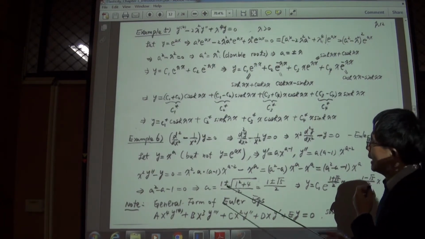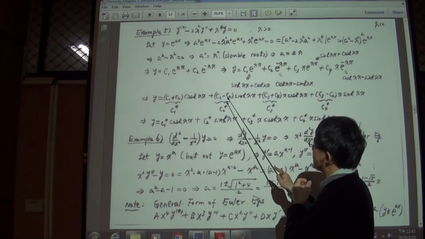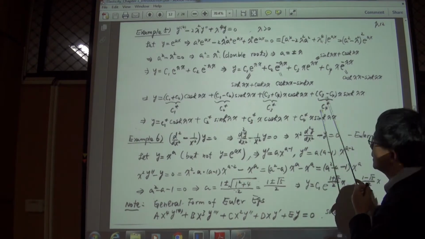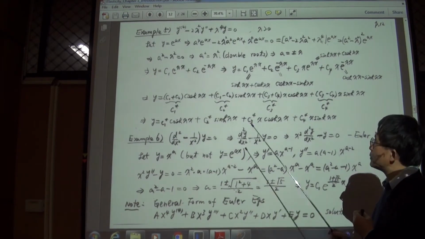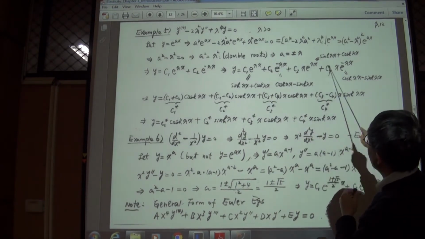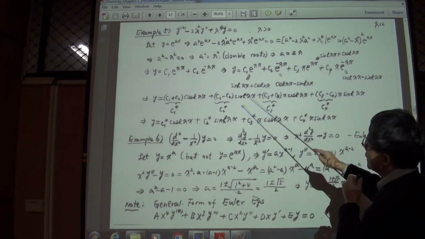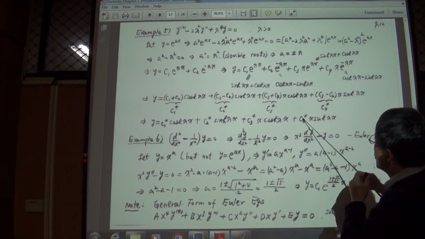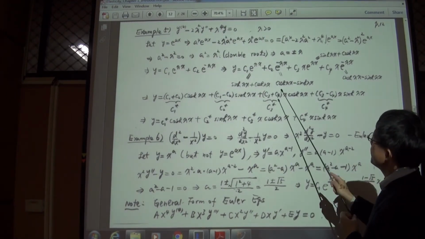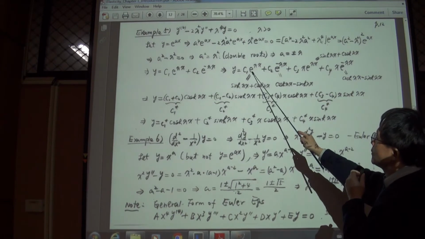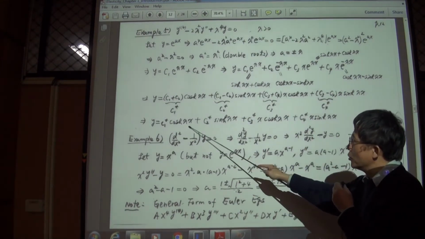And then we let this be C1 star, this C2 star, this C3 star. Then we get this one. See, this form is equivalent to this solution. They are the same. But some authors and textbooks prefer to use this form.